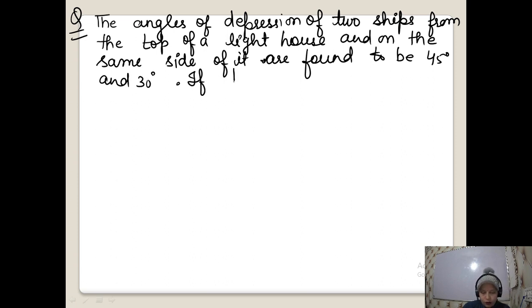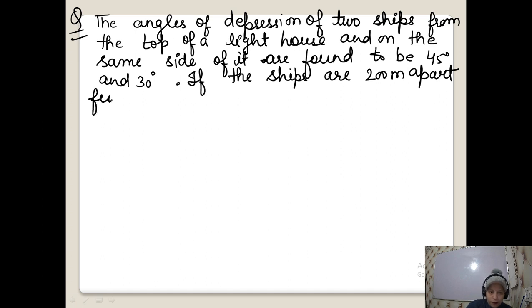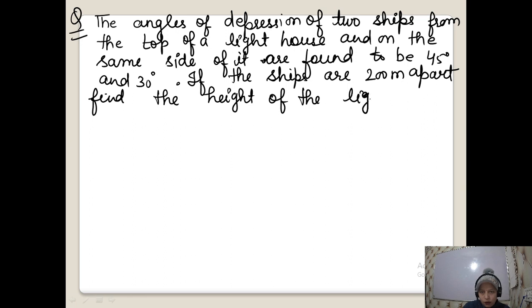If the ships are 200 meter apart, then find the height of the lighthouse.